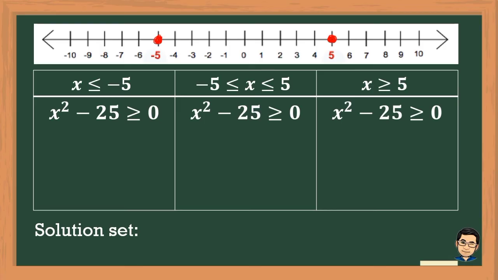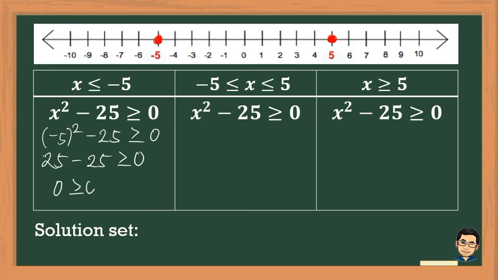So, magiging negative 5 squared minus 25 is greater than or equal to 0. So, negative 5 squared, that is 25, minus 25 is greater than or equal to 0. So, 25 minus 25, that is 0, is greater than or equal to 0. This is true.